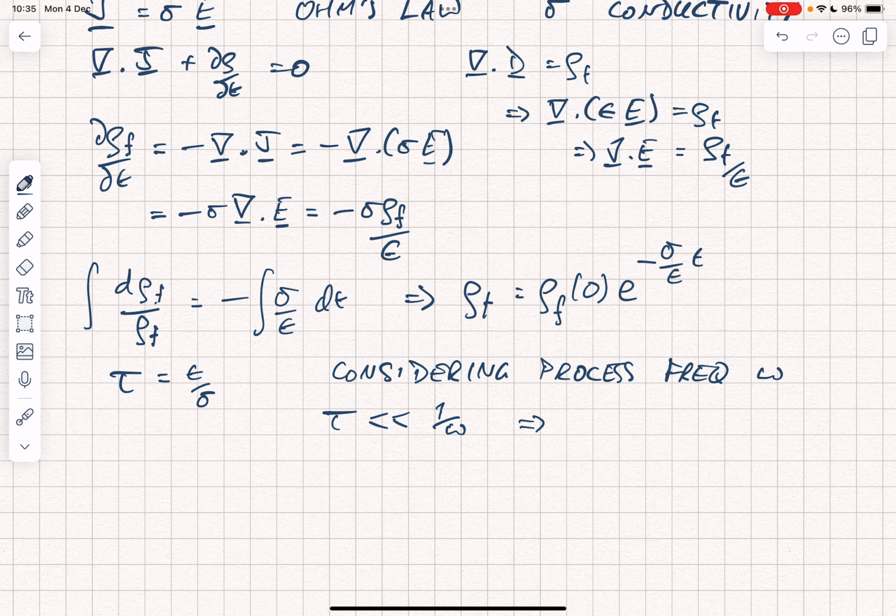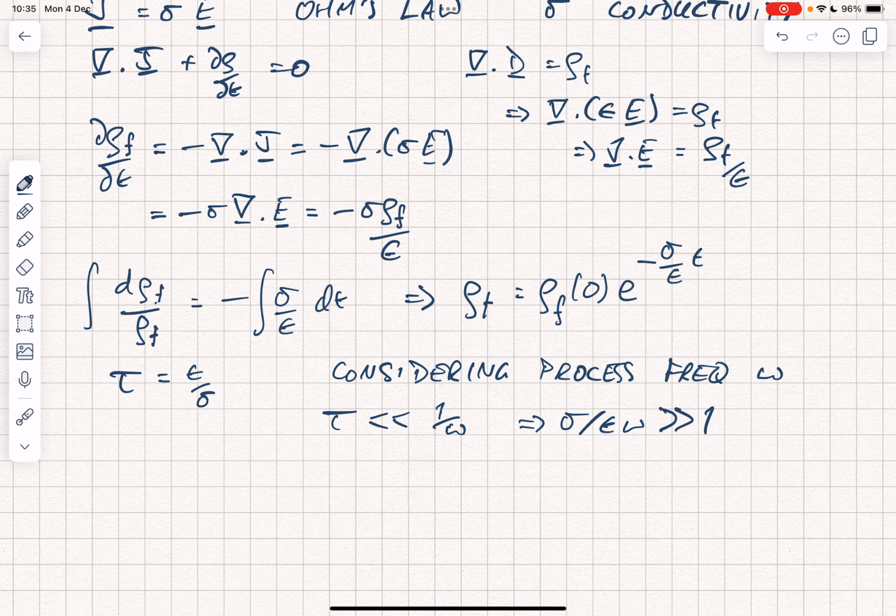And that implies that sigma over epsilon omega should be very much greater than 1 for this redistribution of free charge to happen significantly faster than whatever process we're thinking about.